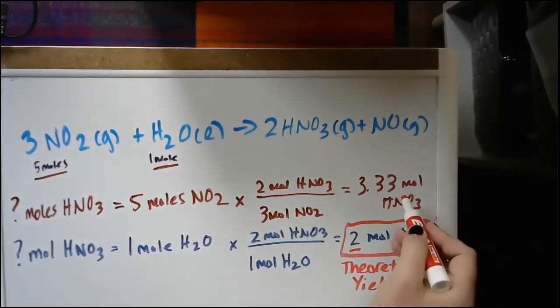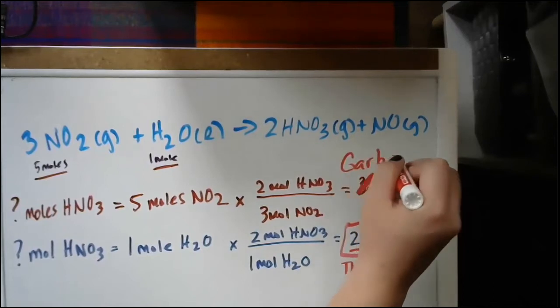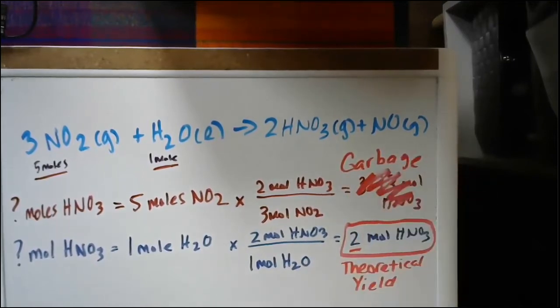Okay, this number up here, you're going to cross it out because that number is garbage, and you do not need it. You will not need that number for any other part of your calculation. Okay? What your theoretical yield tells you is that H2O, that's your limiting reactant.